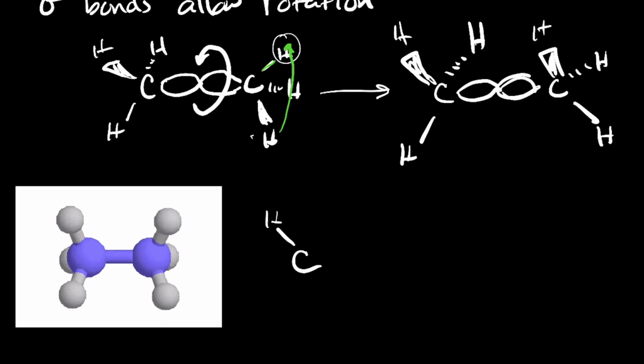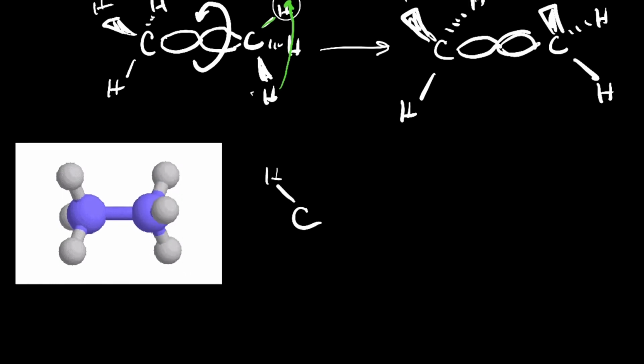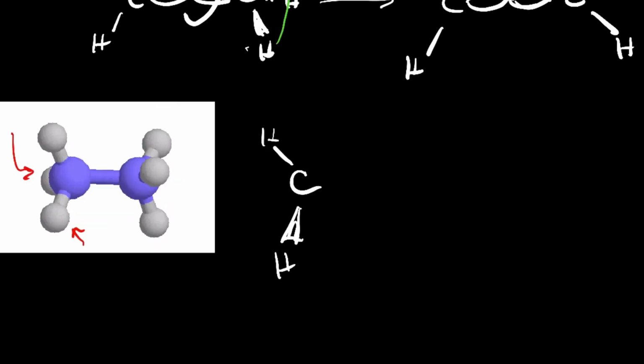So right now I am drawing that carbon right there. Then there's a hydrogen coming out towards you, so that is that hydrogen right there. Then there's a hydrogen hiding behind everything, and it is here, and that is sort of peeking out right there. That's that hydrogen.